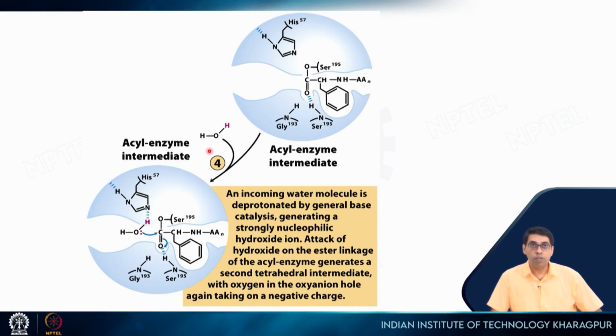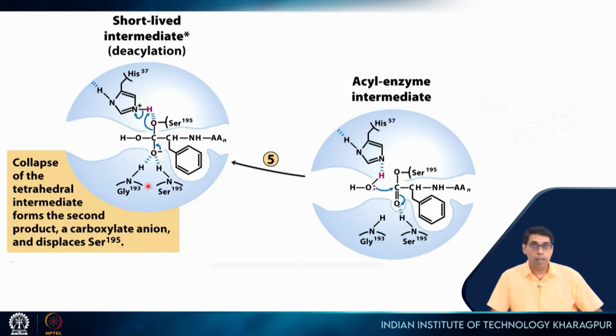Now this is the intermediate. This peptide is gone. So a water molecule will diffuse in and sit here. This water molecule is now activated by the histidine by forming a hydrogen bond, so it will abstract this proton. This becomes O minus. It will attack here, and the negative charge ultimately comes here. So that is the second transition state, and that is again stabilized by this oxyanion hole, right?